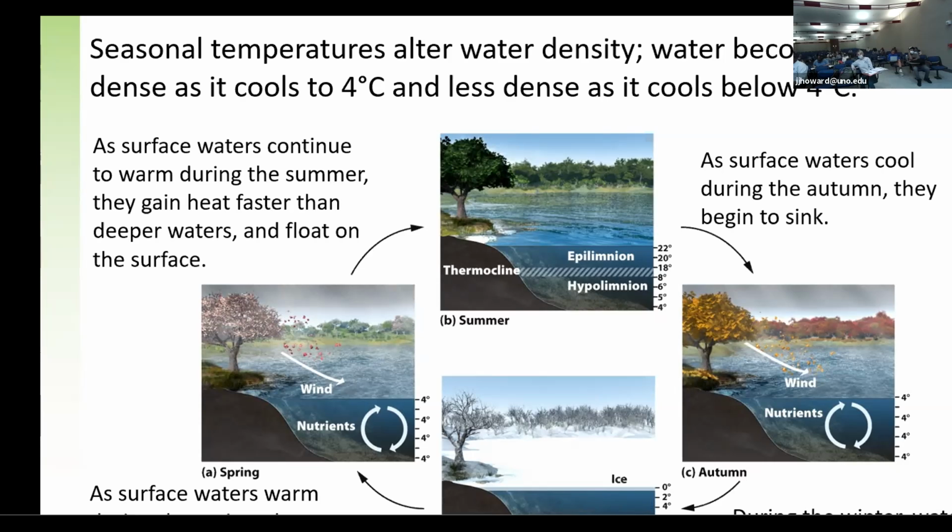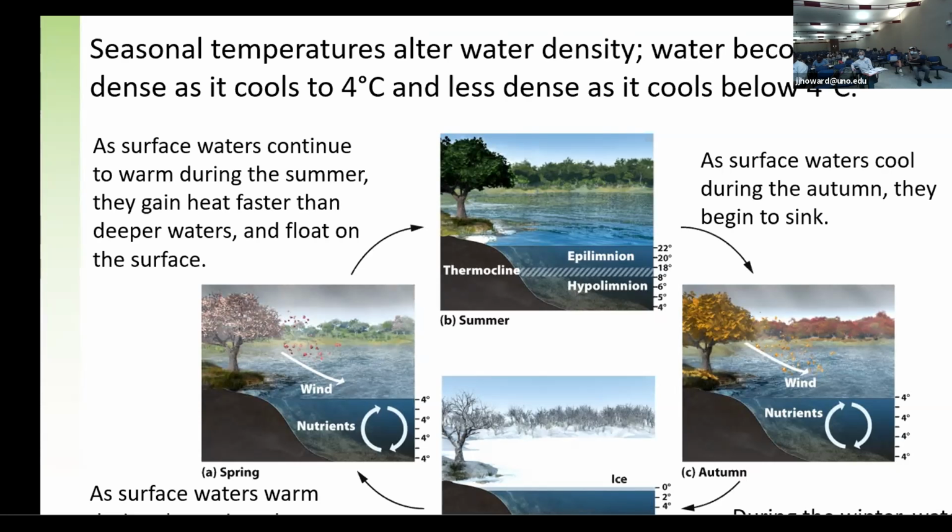During the summer, it doesn't matter how much wind you've got, you're not going to get a lot of mixing because these epilimnion waters are so warm that it is very difficult for them to be forced down. That's where you get a really strong thermocline. And so summer production is not as great typically as it is in spring.